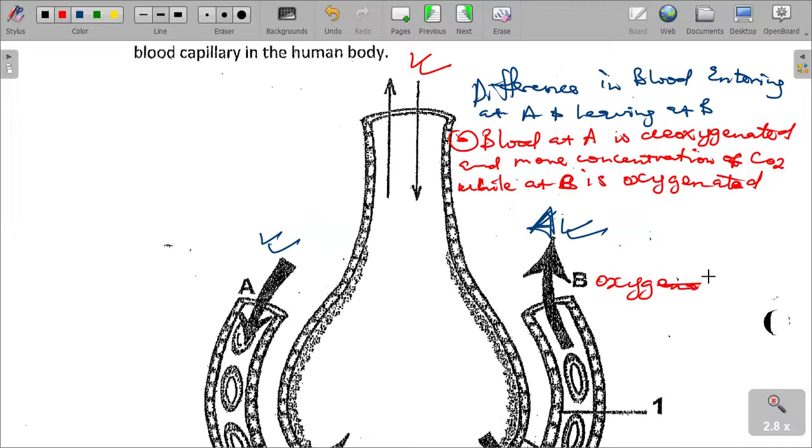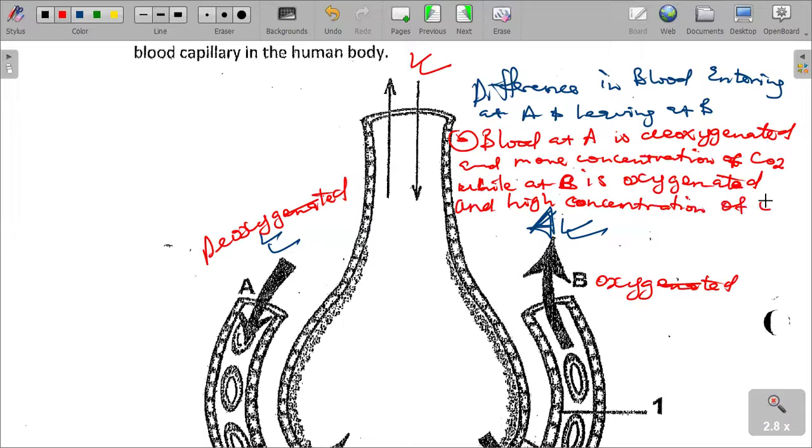It is deoxygenated at A and oxygenated at B, so that it is oxygenated and has a high concentration of oxygen. High concentration of what? Of oxygen.